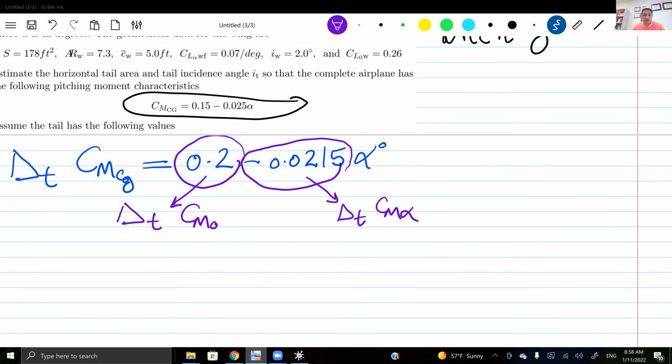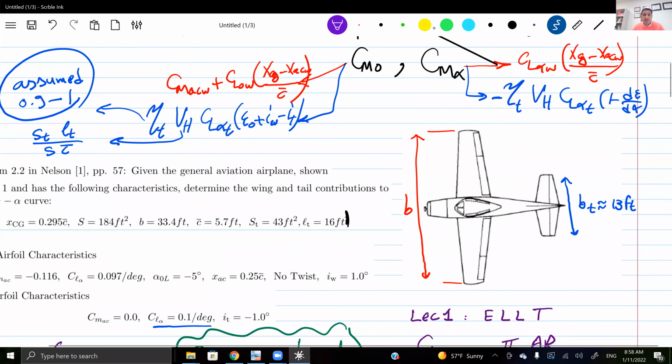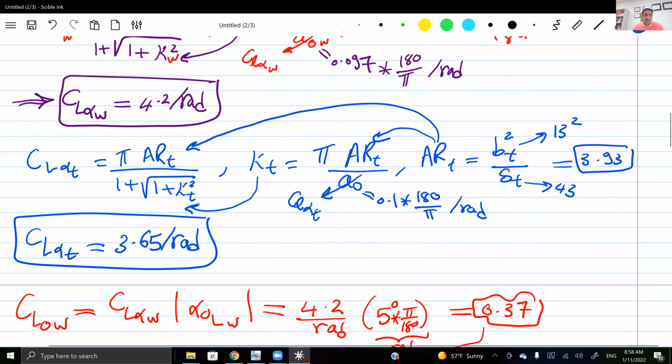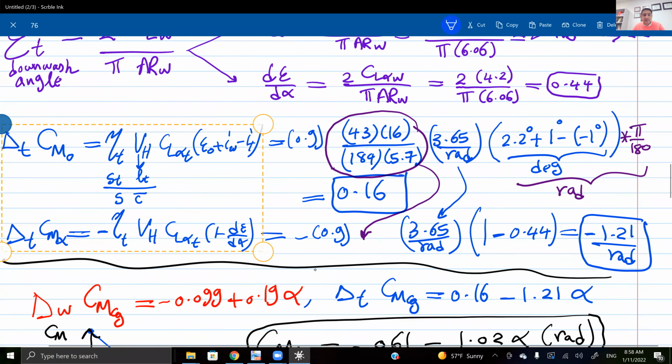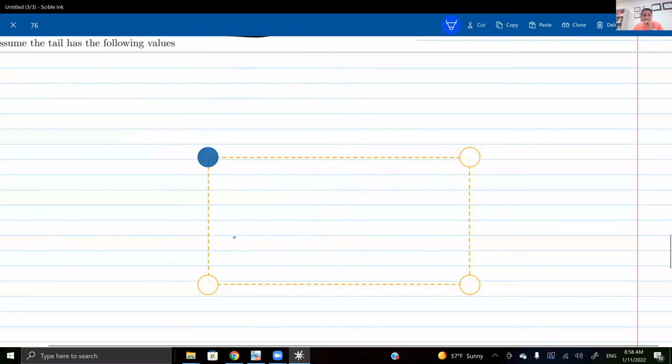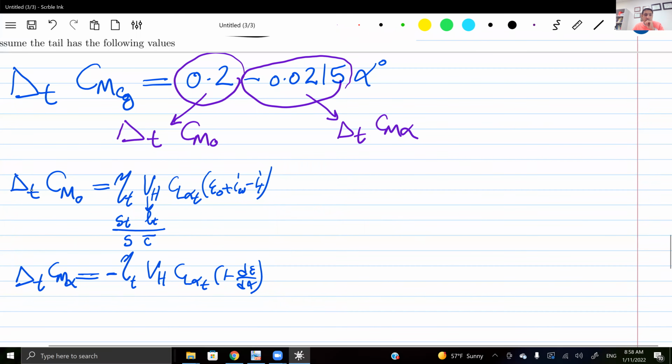Actually, here are the equations. We can find them. Maybe even down here is better. Here are the equations: delta tail CM naught and delta tail CM alpha. So I'm going to simply equate this equation with 0.2.